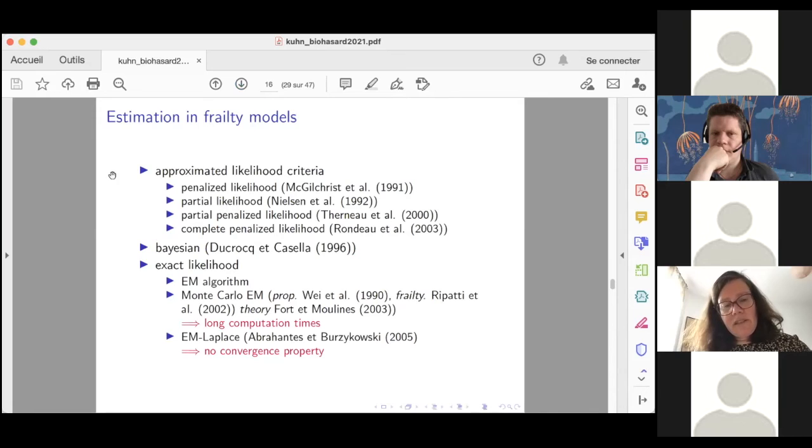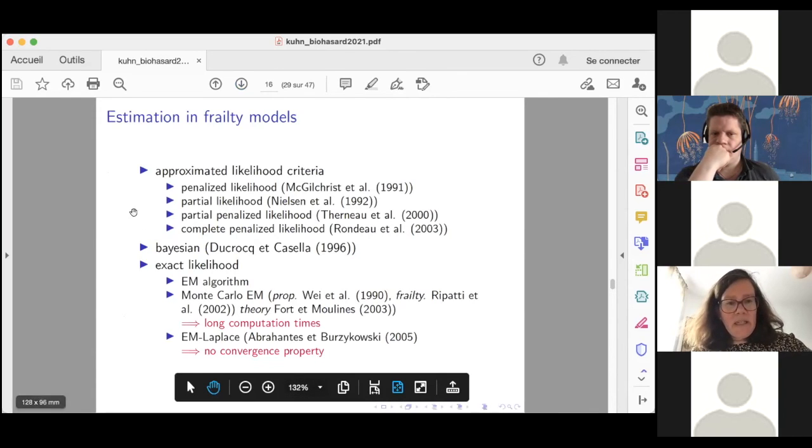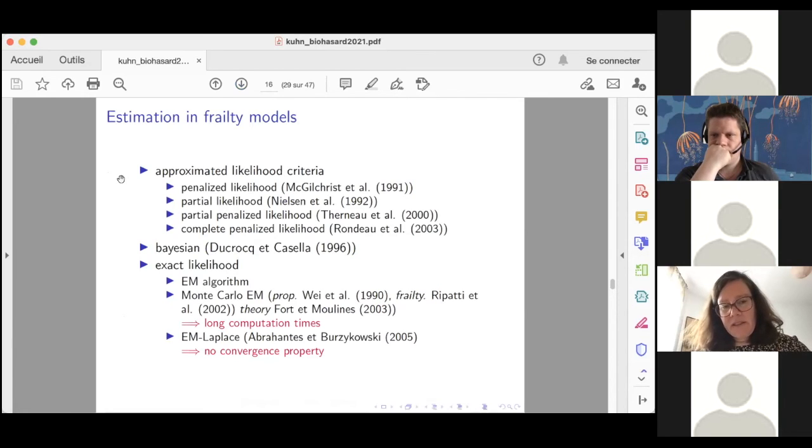I did not get into the details of this algorithm, but when you consider procedures using approximated likelihood criteria, when you do an approximation, you lose something. In most of these cases, for example when you do a penalized likelihood involving splines and something like this, you cannot control the error coming from your approximation.